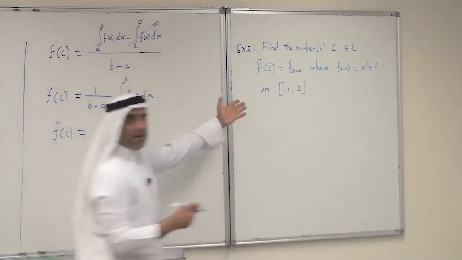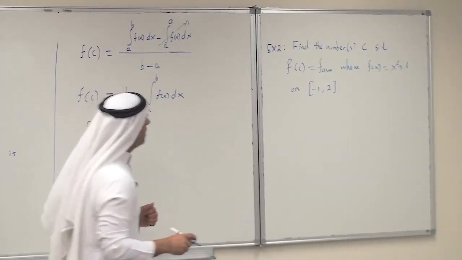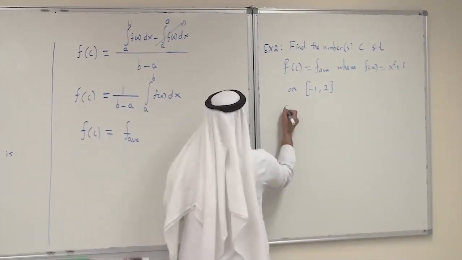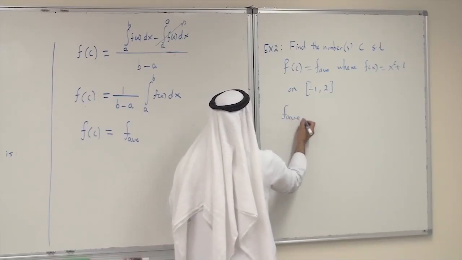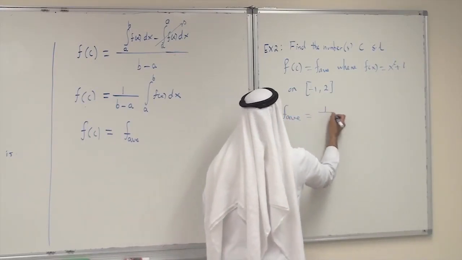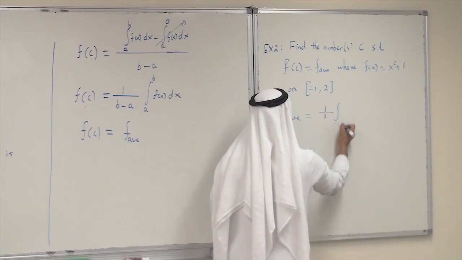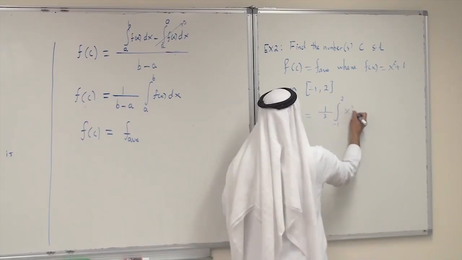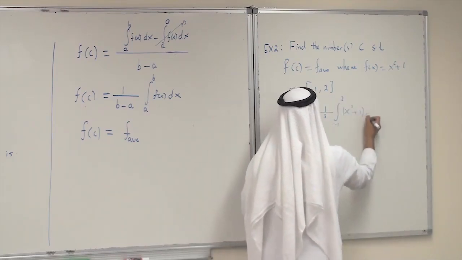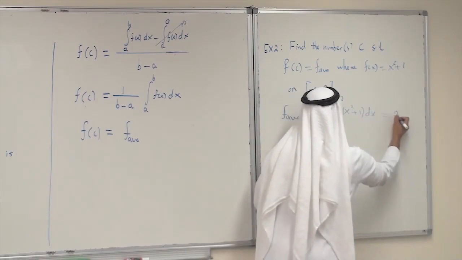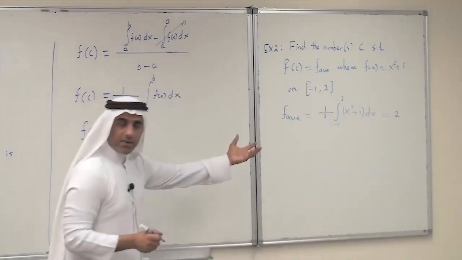This is what we have in example 1. So, what is the average of this? F average, we said it is just 1 over 3 times the integral from minus 1 to 2, x squared plus 1 dx. And we found this to be equal to 2. We did the calculation here.